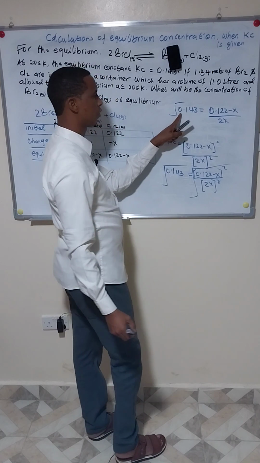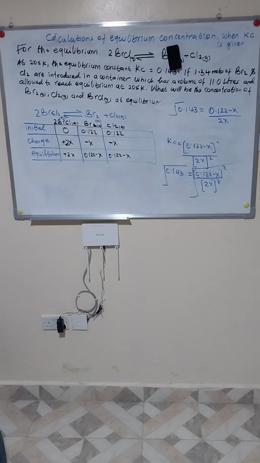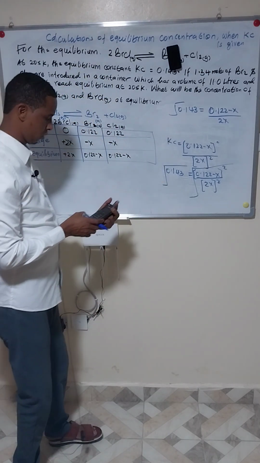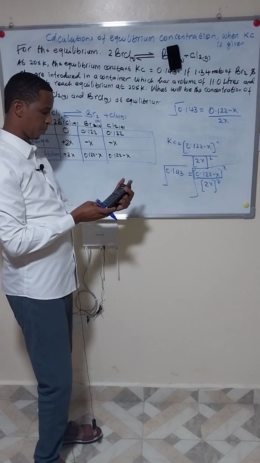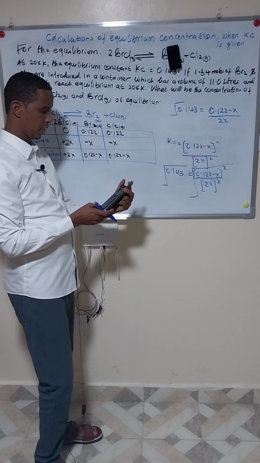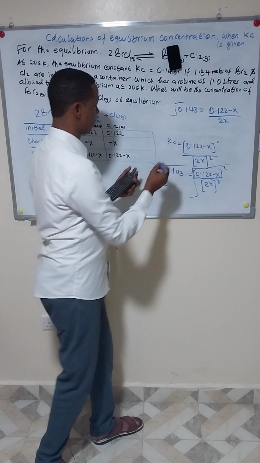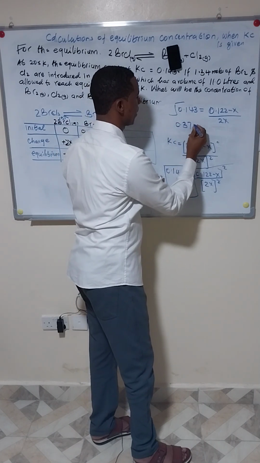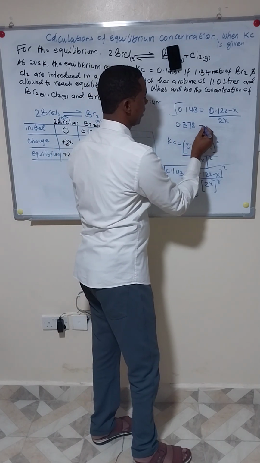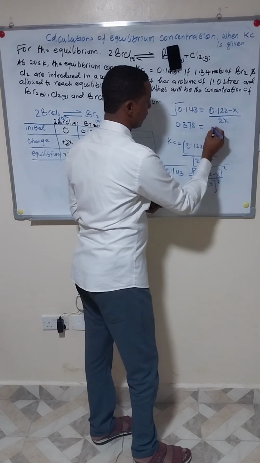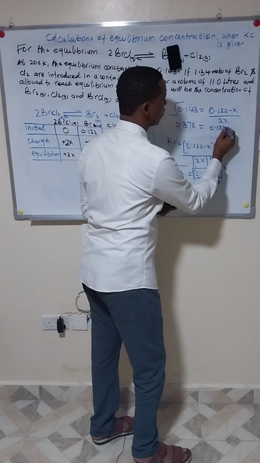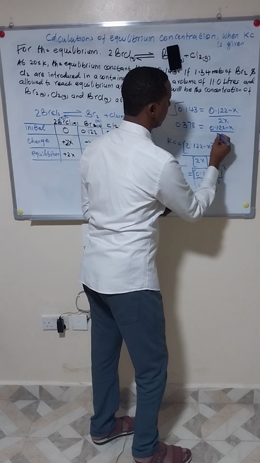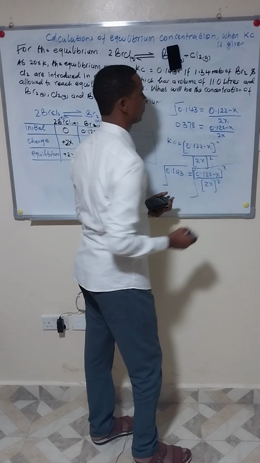The square root of 0.143 is equal to 0.378, and then we have 0.122 minus x all over 2x.